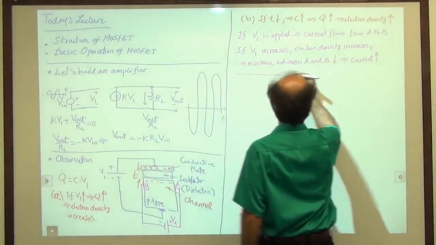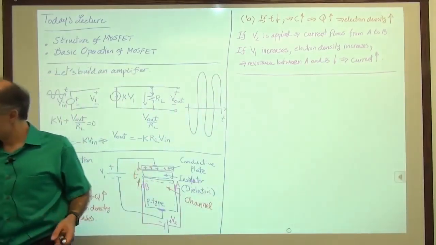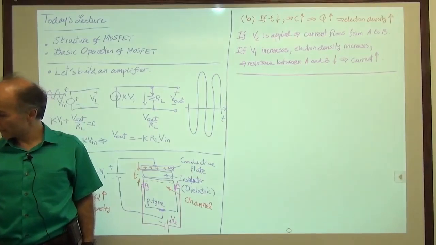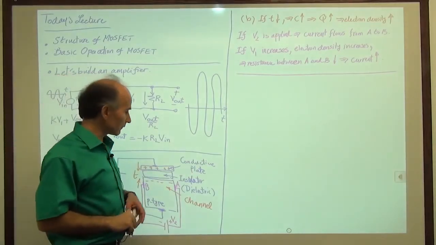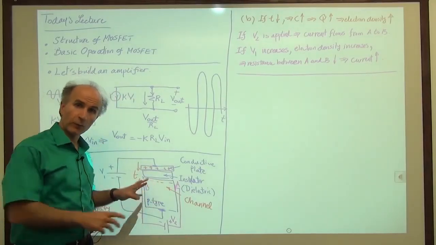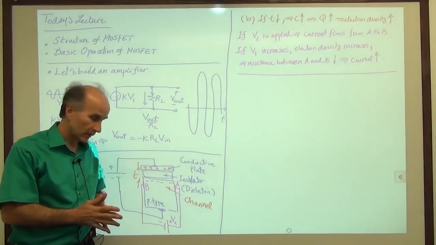Okay, now let's go and look at the MOS structure. Well, we would like to build this structure. We are hoping that this will serve as a voltage-dependent current source.